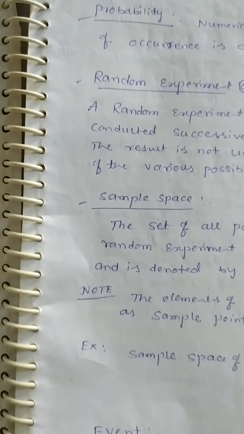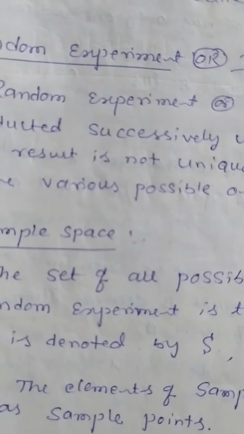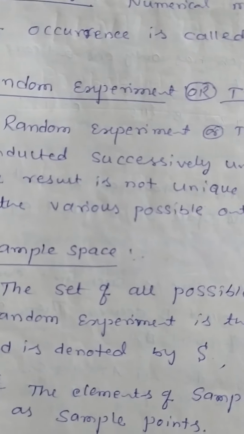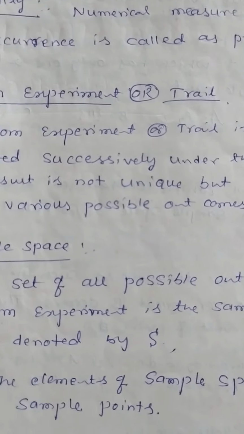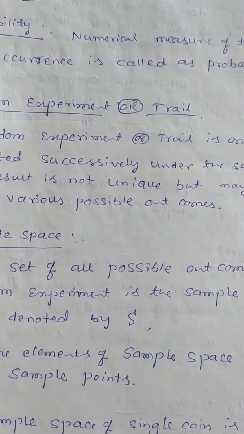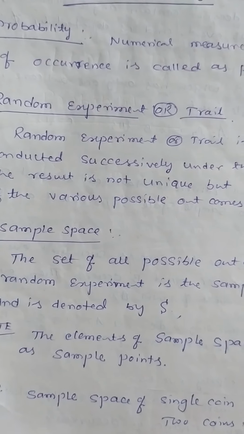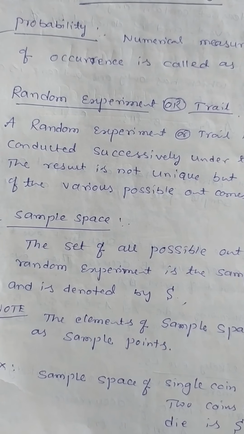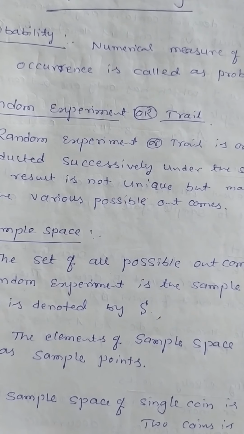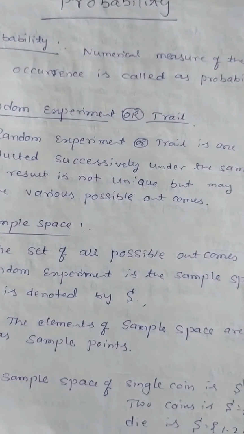Okay. Next definition is sample space. Sample space means the set of all the outcomes of the experiment, and the sample space is denoted by capital S. For example, when we toss a single coin, what are the outcomes?